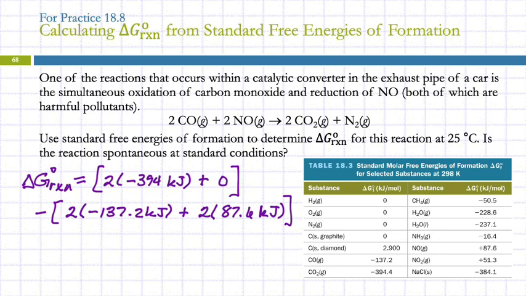So 2 times negative 394 minus the quantity, 2 times negative 137.2 plus 2 times 87.6, getting minus 688.8.